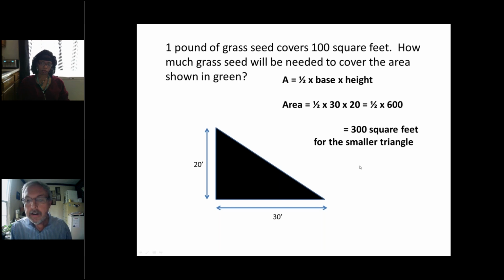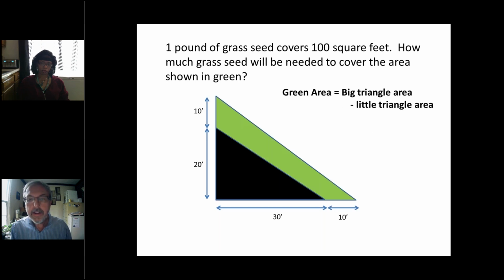So now, when we look at the entire thing, we can figure out that this green area is the big triangle area minus the little triangle area. Does that make sense? I'm not sure. Okay. All right.